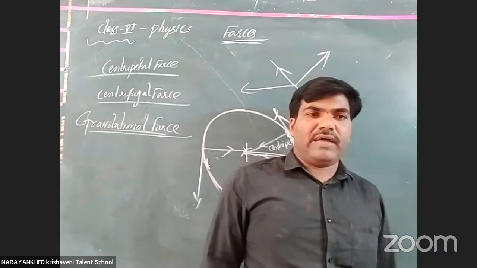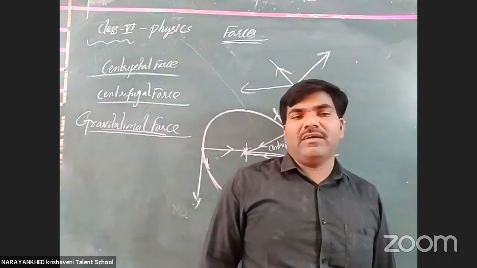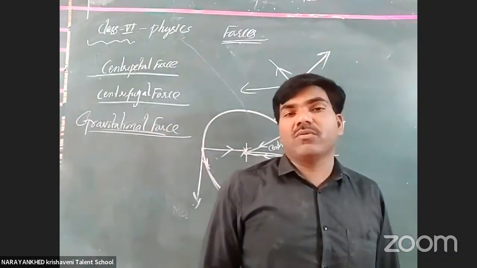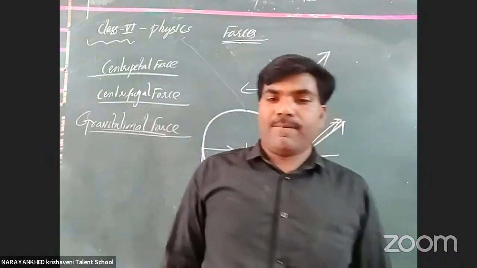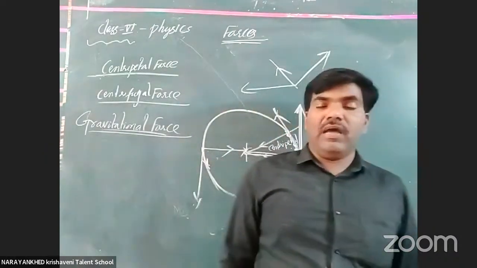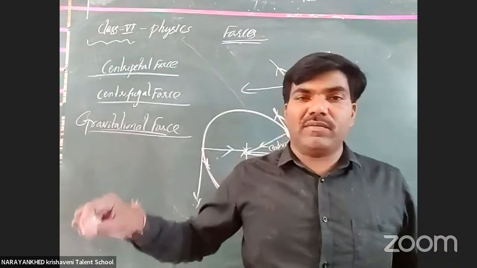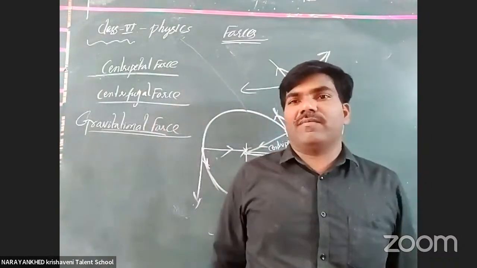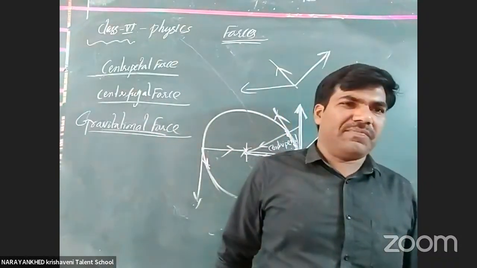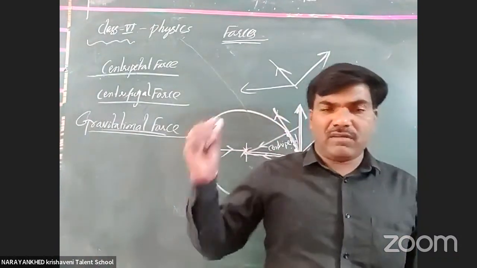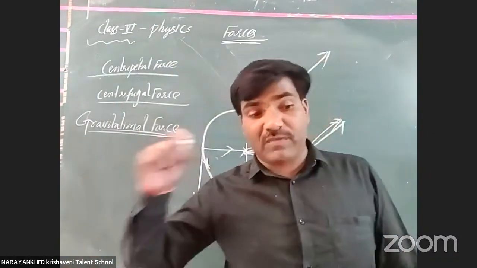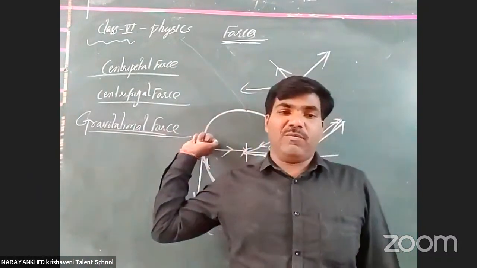They attract everything in the universe, according to Newton's gravitational law. Newton's gravitational law says every body in the universe is attracted to every other. Everybody: you and me, the chalk piece and the earth, the chalk piece and me, the board and me.